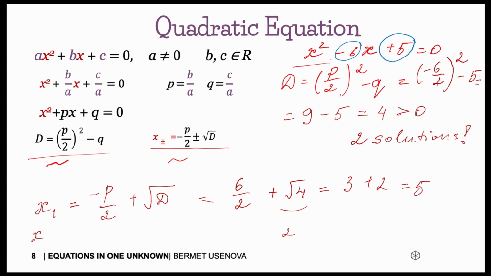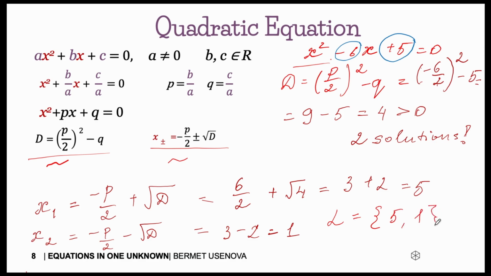And x2 will be the same, but minus the square root of d. So we have the same 3 minus 2, which is 1. Then the solution set of our equation will be 5 and 1. That's it. This is how to solve using formulas.